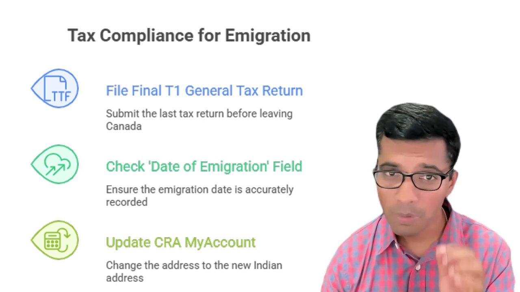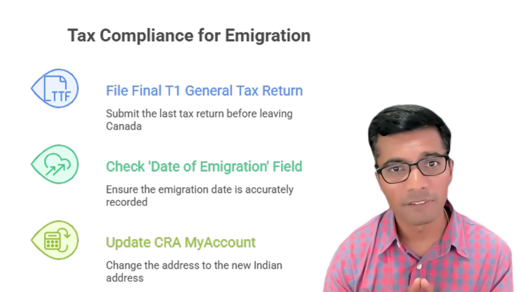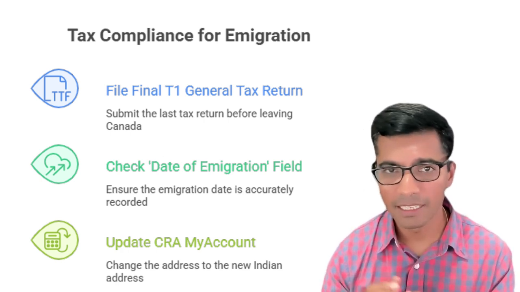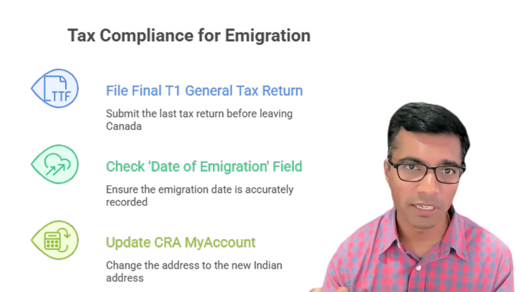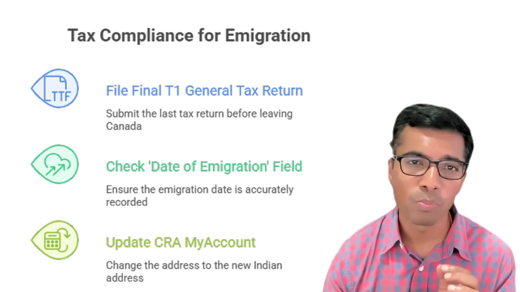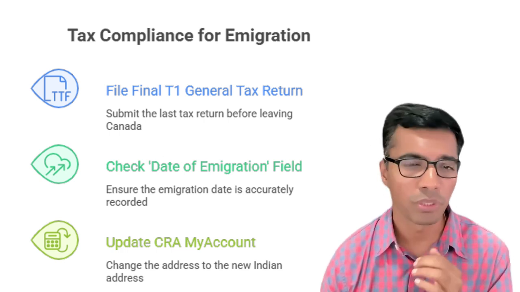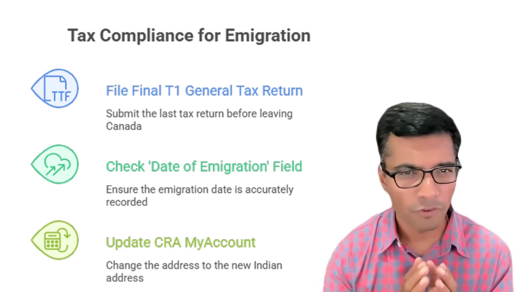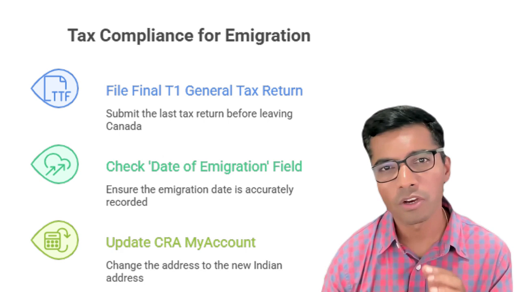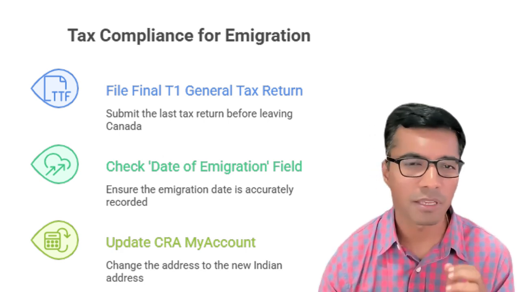Filing this form can backfire if you haven't properly cut your ties yet. But you must file your final T1 General tax return and check the date of emigration field and include the date you became a non-resident. Update your CRA account with your Indian address. If you're unsure, talk to a cross-border tax advisor before submitting anything.